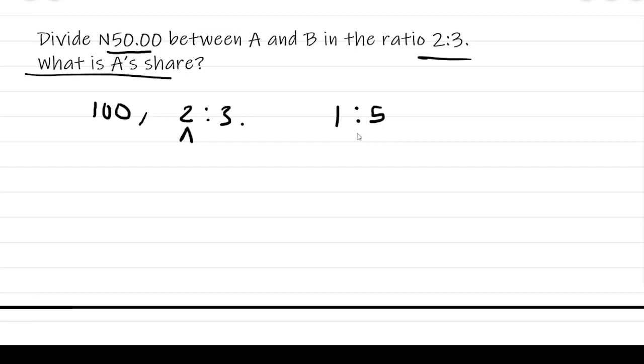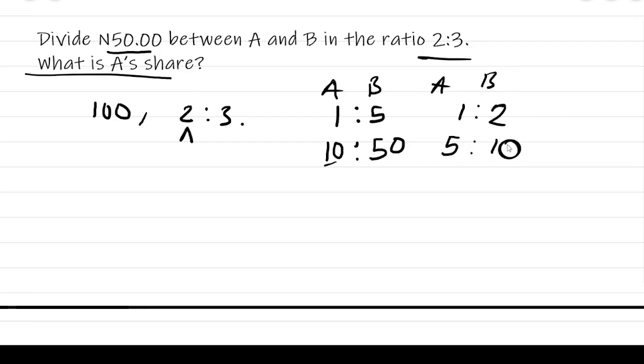What this ratio means is that if A got something like 10, B should get 5 times this amount, so B should get 50. So when they say divide this in the ratio 1:2 between two persons, A and B, they are telling you that if A gets 5, B is to get 10.